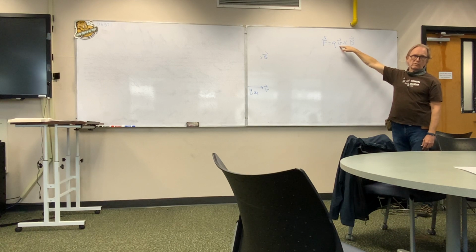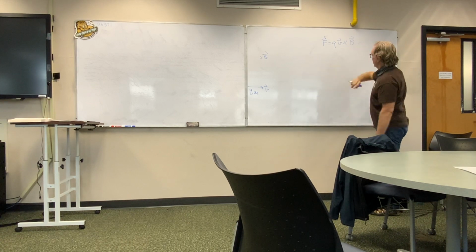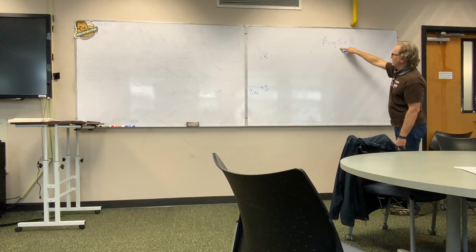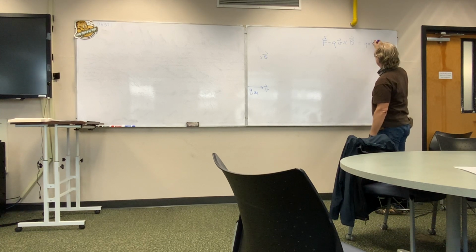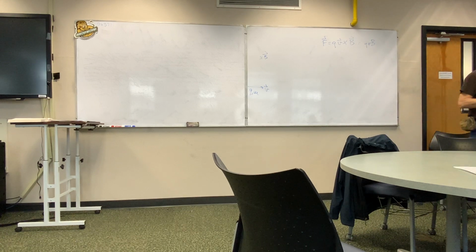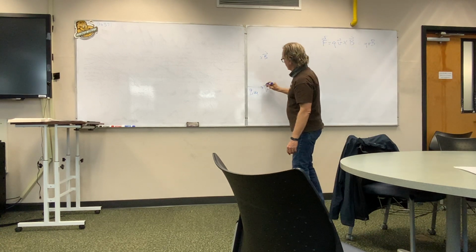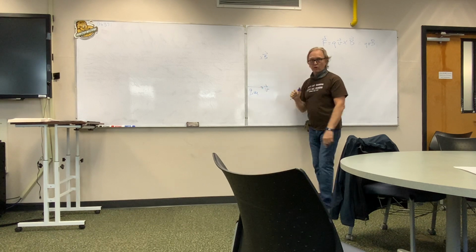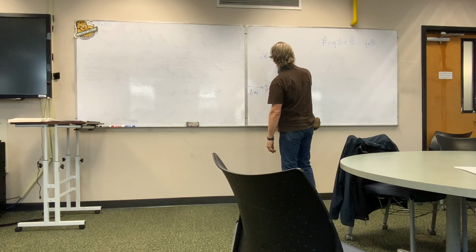You can't speed it up or slow it down. All it can do is make it turn. In fact, because of the way I've set it up there, that's at right angles to each other, and so F will be QVB in which direction? At that particular instant, it would be up. So there's going to be a force perpendicular. It's going to start to turn. It's going to get to here.